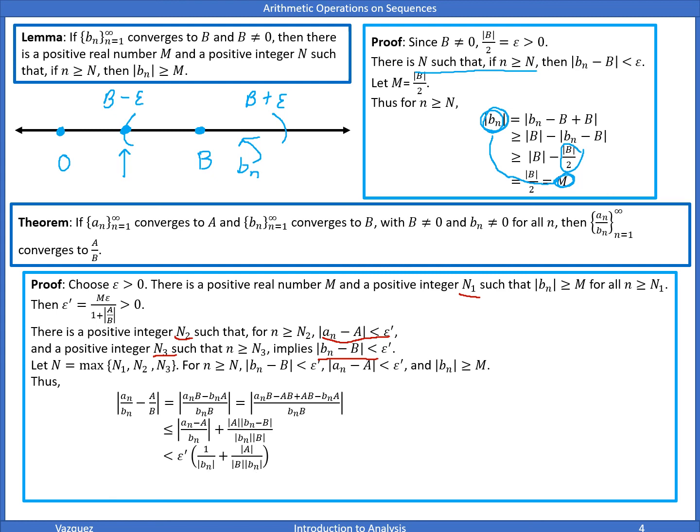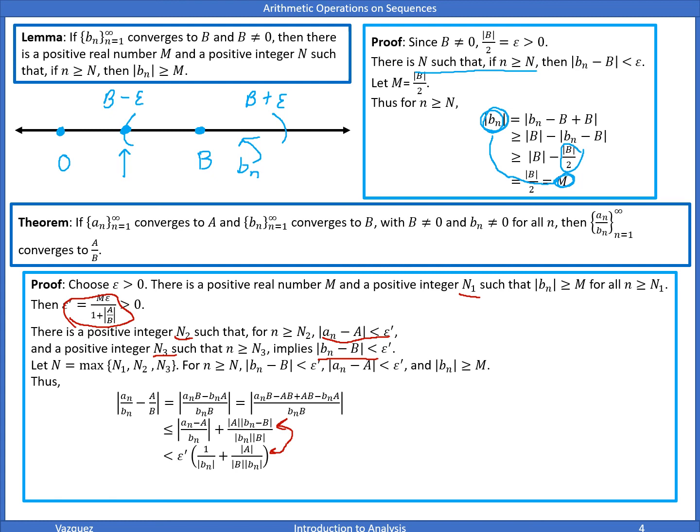And this is less than or equal to, by our choice of epsilon prime, epsilon prime times this expression in the parentheses. And again, to verify this, you can plug in for epsilon prime what we have up here, to see why that is indeed less than this expression up here. But again, because of the length of this lesson, I'm going to skip that.